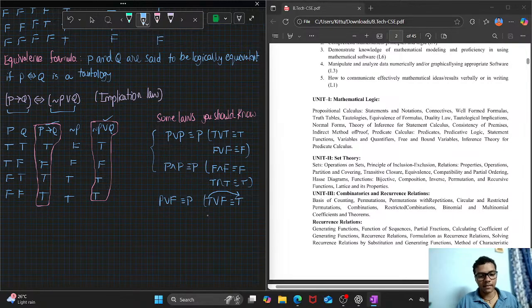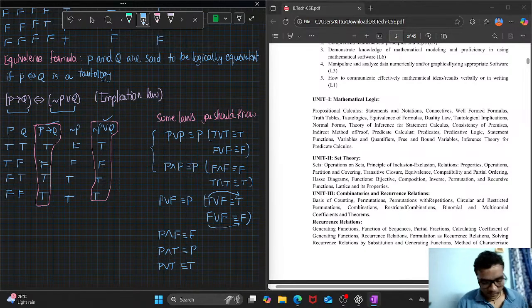If you took P as T, and if you do F or F is equal to F, it is again the same value of P. So P and F is always F. No matter what the value of P is, P and F is always F. And P and T value depends upon P actually because T and T is T, F and T is F. P or T is always T because F or T is T and T or T is T as well. These come under the identity and domination laws.